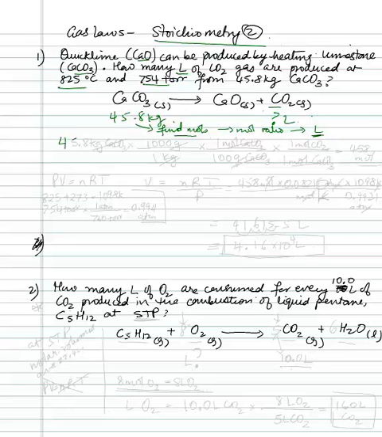So we start with 45.8 kilograms of calcium carbonate, which first we convert to grams, so 1000 grams in 1 kilogram, and then we convert that into moles. In 1 mole of calcium carbonate, we have about 100 grams, again coming from the periodic table.